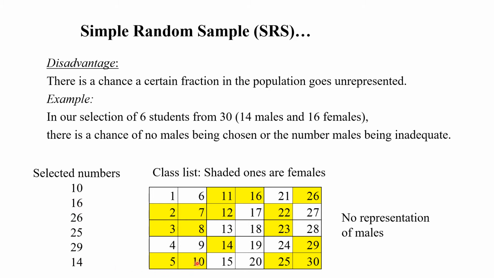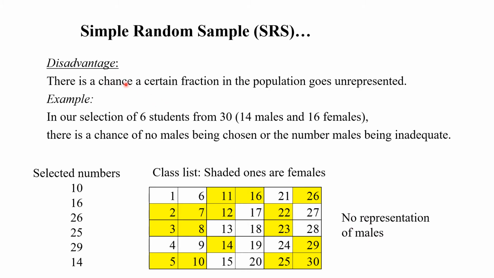Example 10, 16, 26, 25, 39, and 14. All are females. So in this selection, even though we call it random, there's no representation of males.